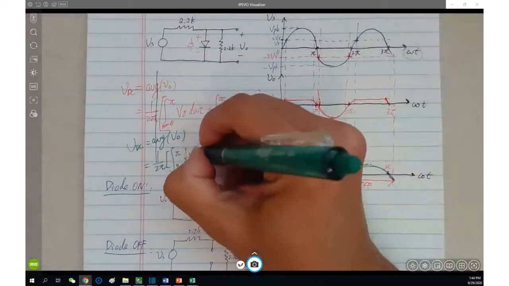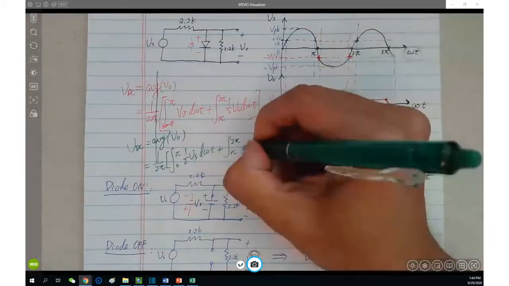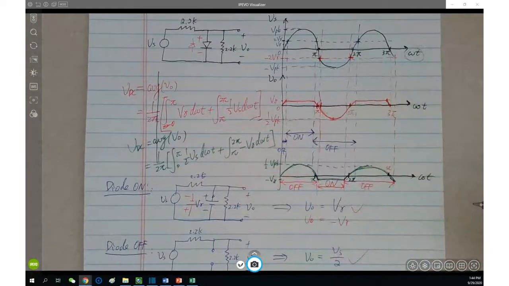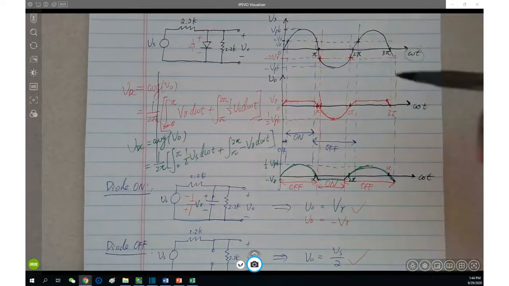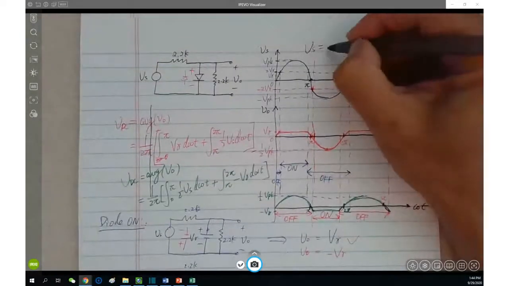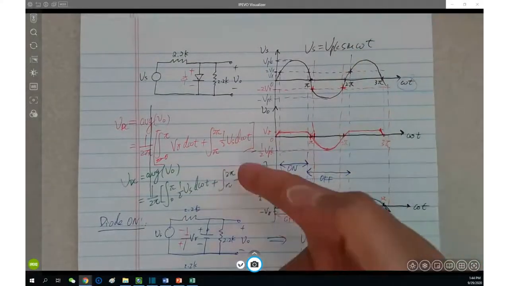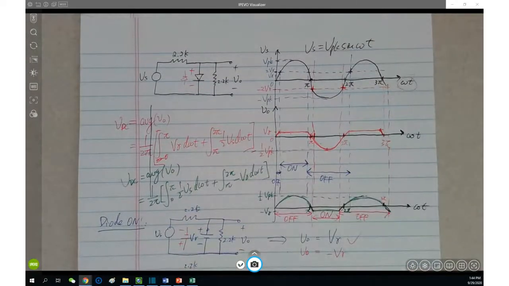Half Vs d omega t from pi to 2 pi. What is it? Negative V gamma, right? Okay. Here we go. And Vs, according to this, just equals V peak sine omega t. Then you substitute Vs here and here, and go ahead to conduct the calculus.